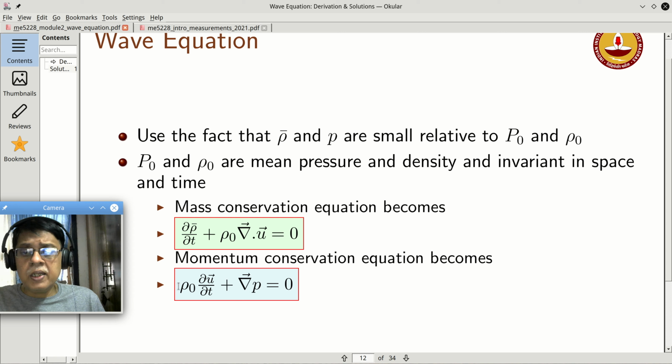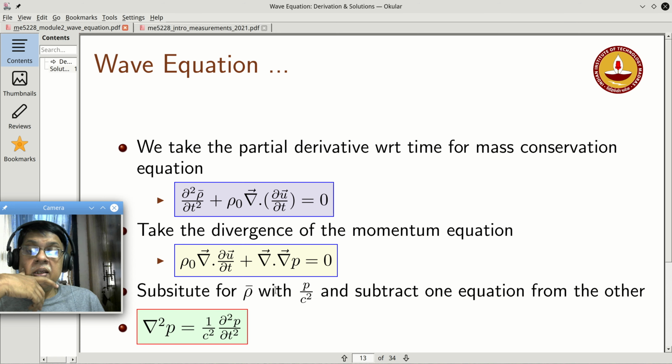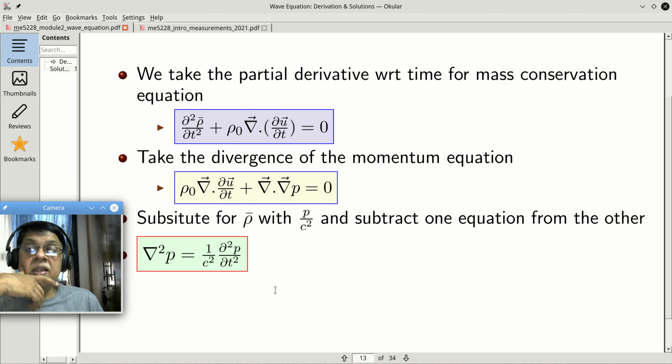Basically I had the acceleration term, the inertia term, dou by dou t of rho u, so I have a rho naught u plus a rho bar u. The rho bar u we throw out, so we'll have a rho naught dou u by dou t, which is the acceleration term, and this is the gradient of pressure that will come again.